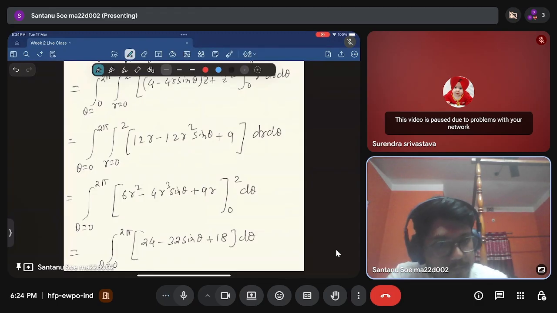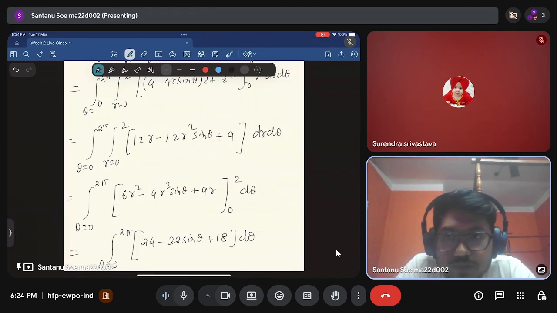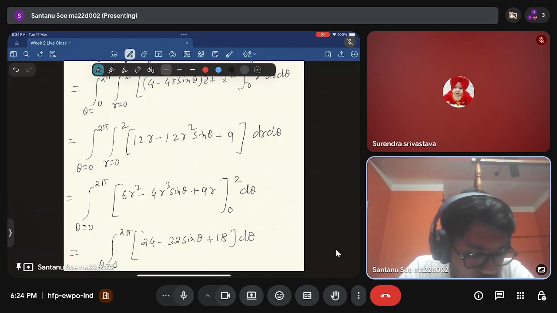Okay, is this okay? Is there any doubt up to this point, or anything from the previous page?